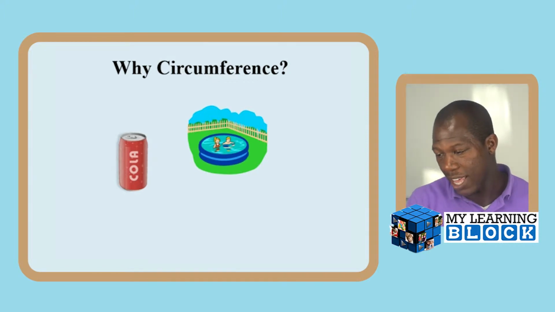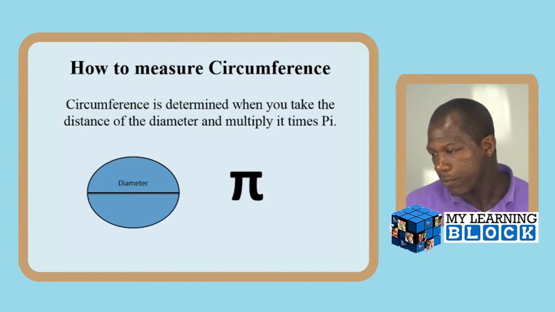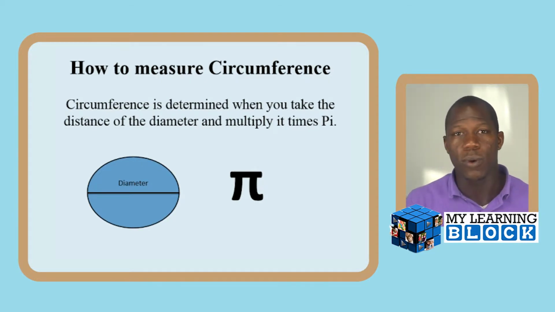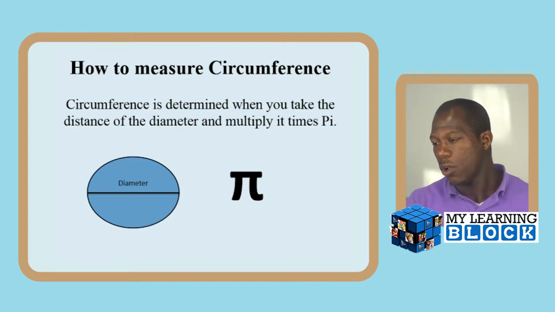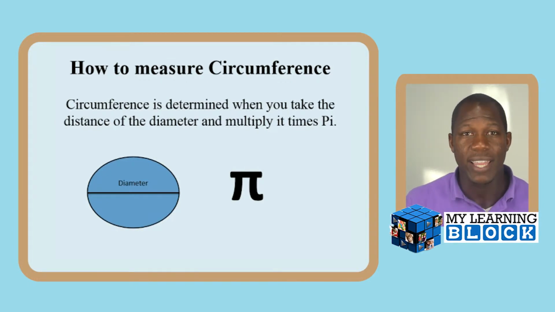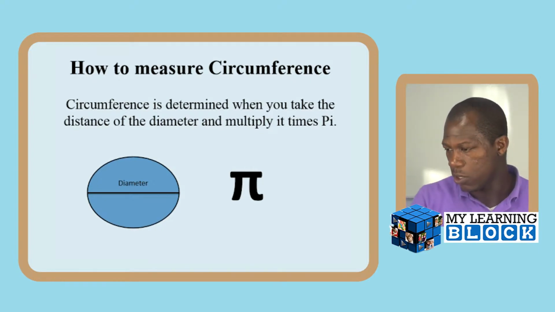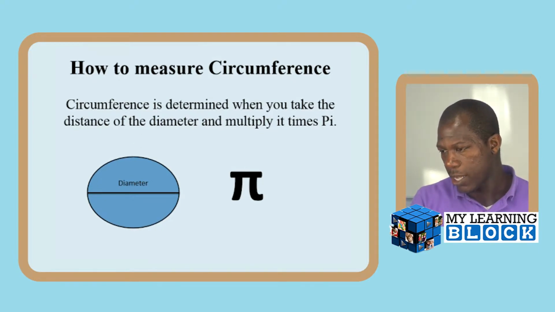So we've passed that. Now the question is, how do you find circumference? Okay, so we're going to work on it now. How to measure circumference? It says circumference is determined when you take the distance of the diameter and multiply it times pi. Now, I will let you know this. Many people will say, circumference, here, I'll just go to the next slide.